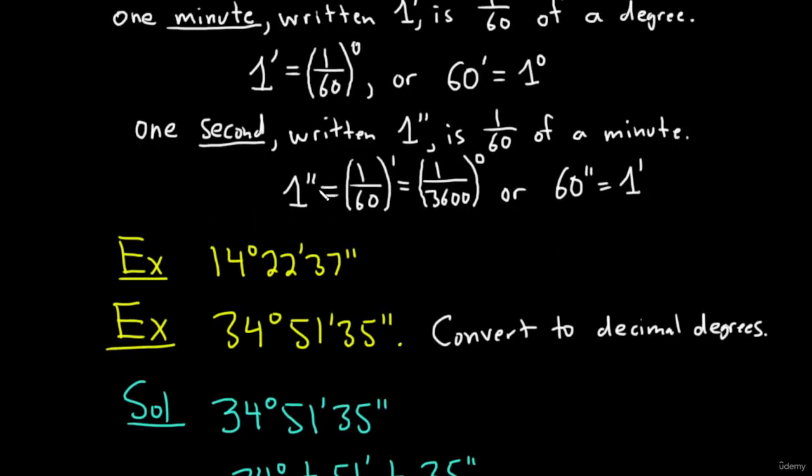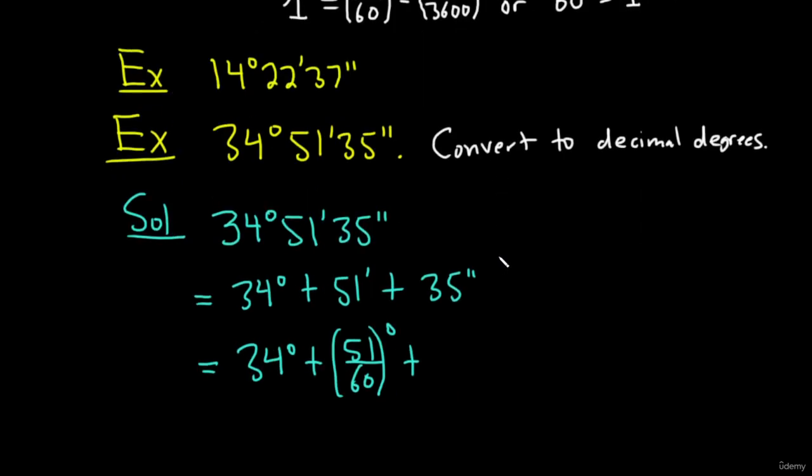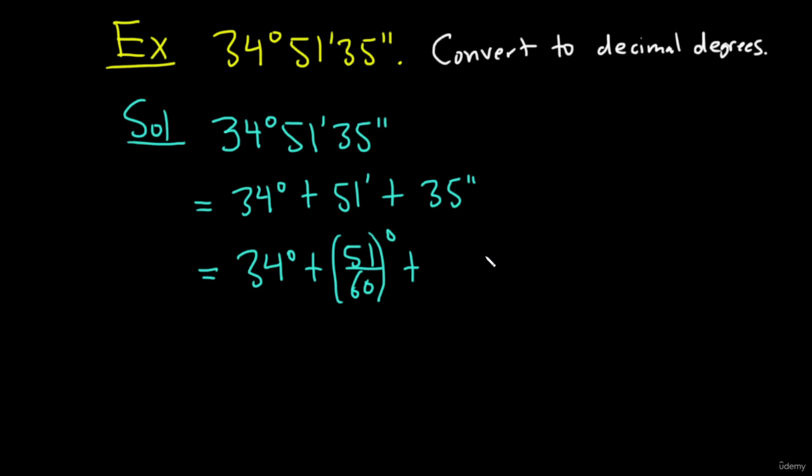We saw that here because 1 second is equal to 1 over 3600 of a degree. So this is going to be 35 over 3600. Really, really small.